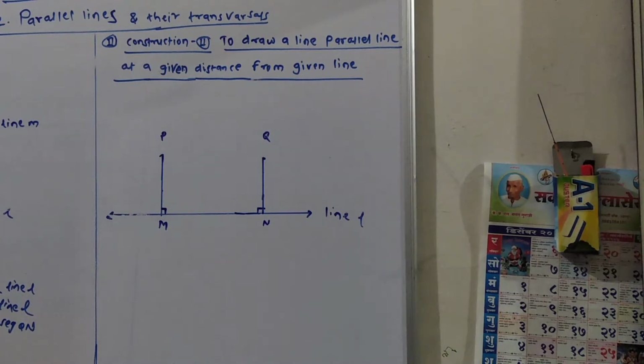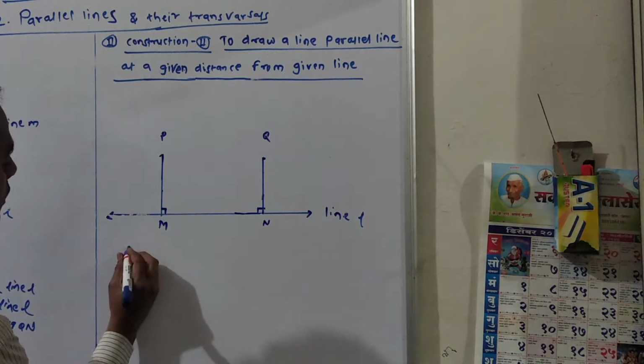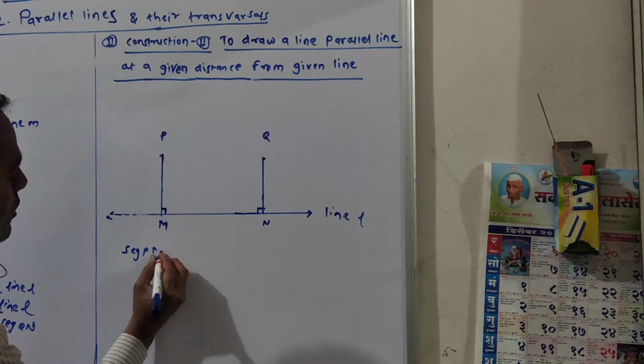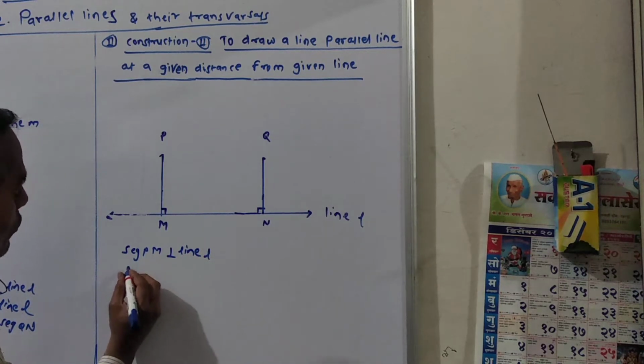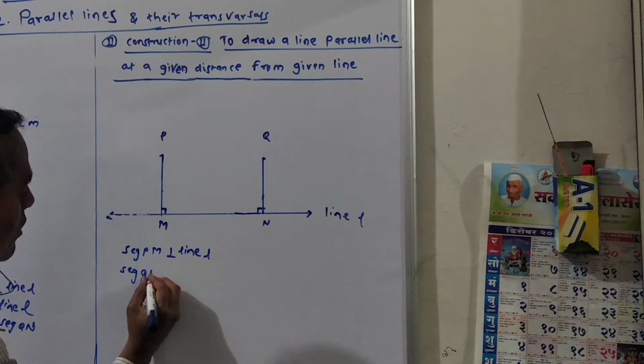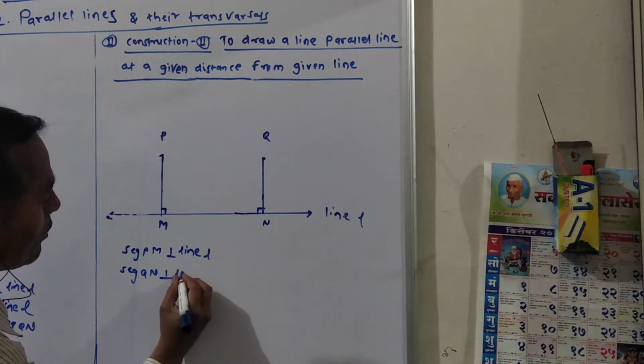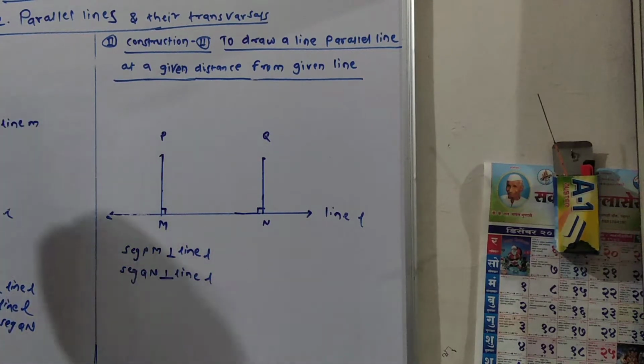So segment PM is the perpendicular to line L. Also segment QN is perpendicular to the same line, line L.